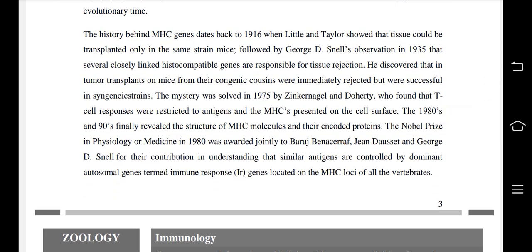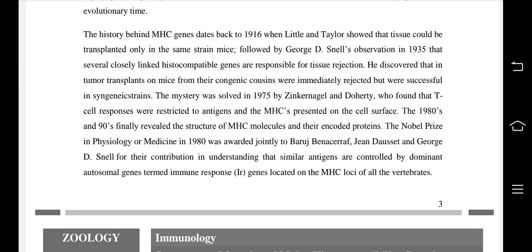The history behind MHC genes dates back to 1916, when Little and Taylor showed that tissue could be transplanted only in the same strain of mice, followed by George D. Snell's observation in 1935 that several closely linked histocompatibility genes are responsible for tissue rejection.